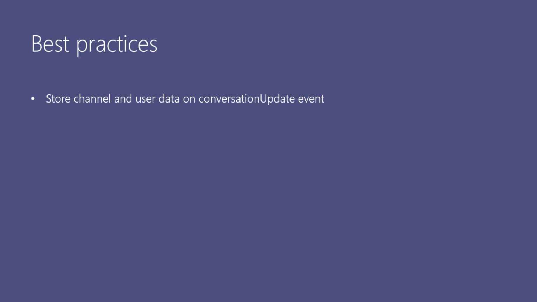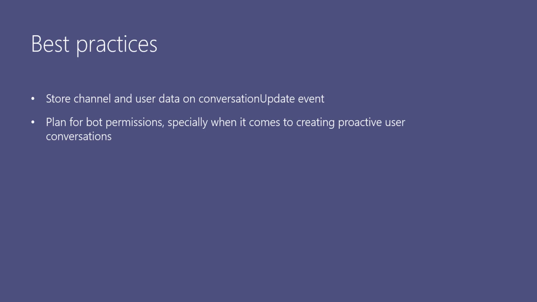So in this case, the best option would be the conversation update, which is triggered when the bot is installed for a user or a channel. And you could also use it to retrieve channel information from the membership and the user IDs in case you need to send a proactive message to a user.